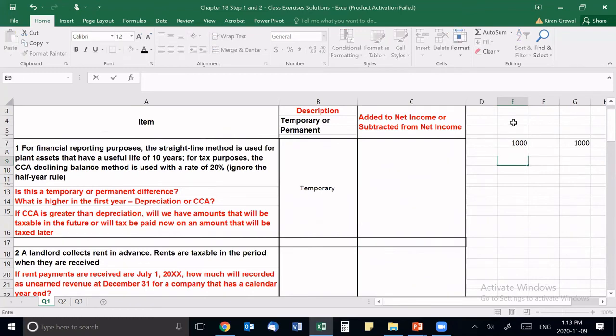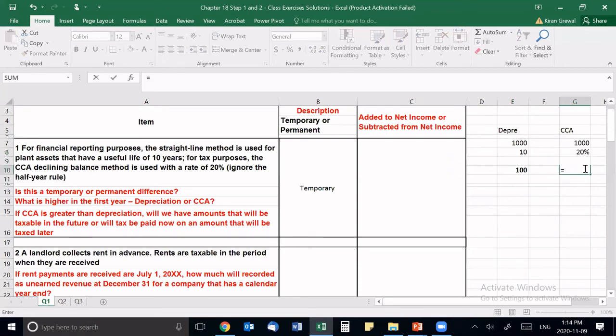So this will be depreciation, short form, and this will be CCA. Okay, so we have 10 years, $1,000 in total. So we're going to do depreciation of $100 per year. For tax purposes, we're going to depreciate this 20% a year.